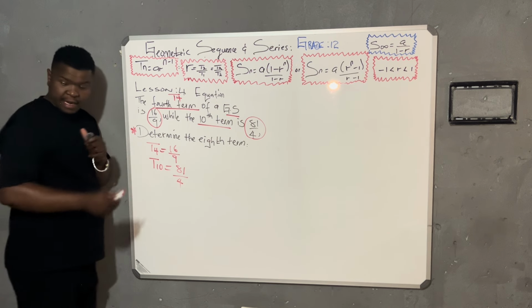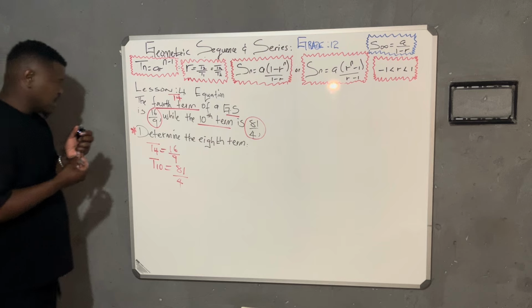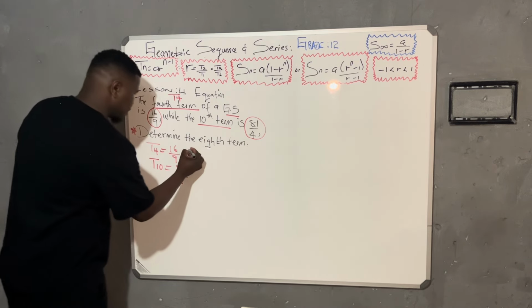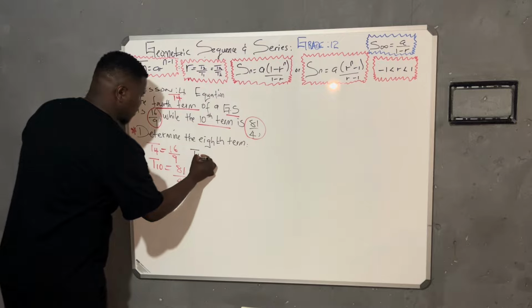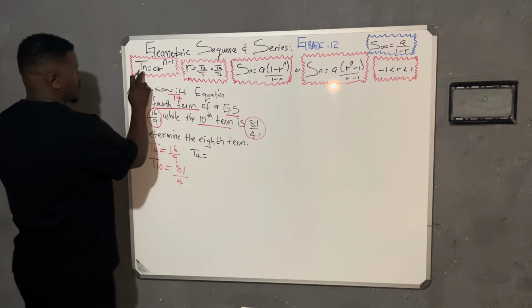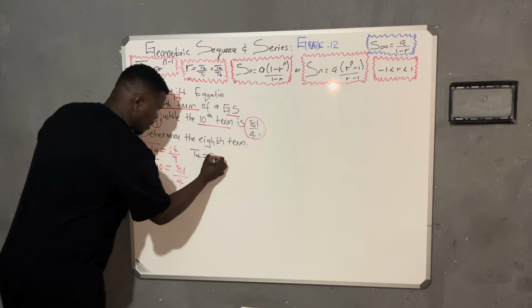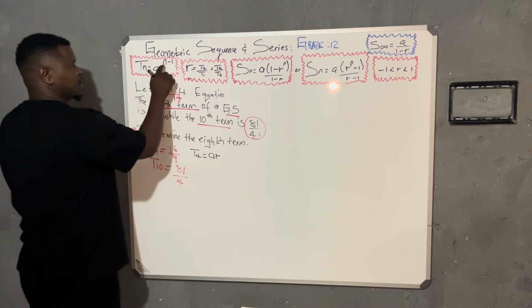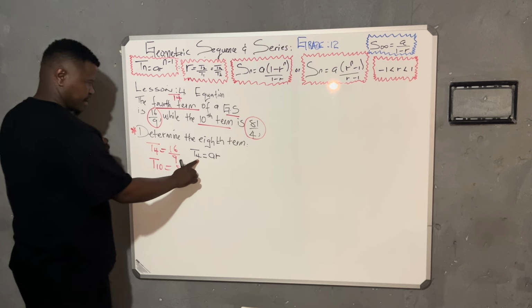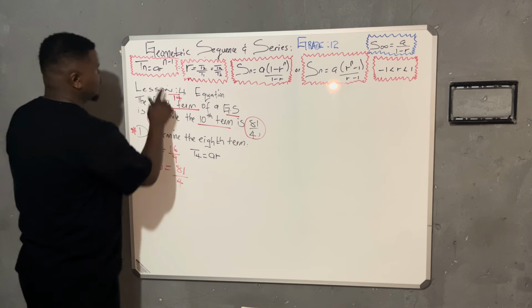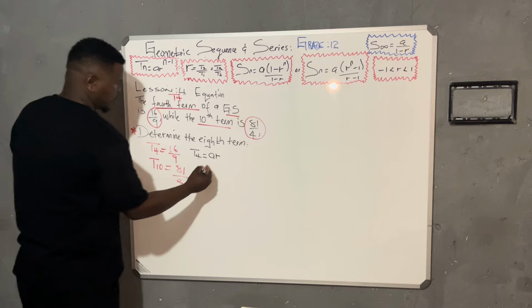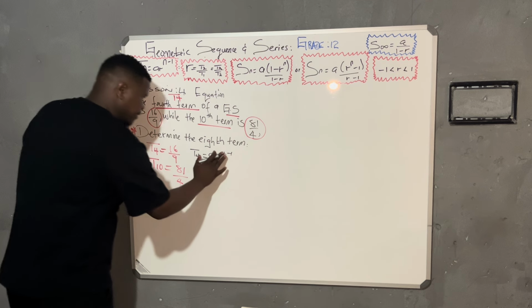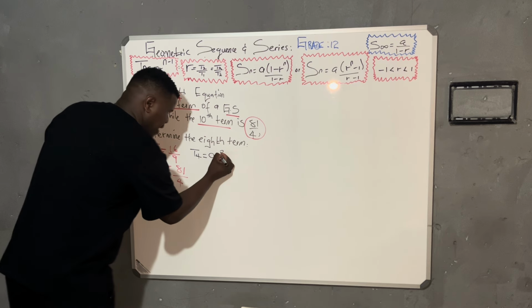So let us substitute what we have. Since they say T number 4, n is 4, so it will be 4 minus 1. So basically, just write a 3.